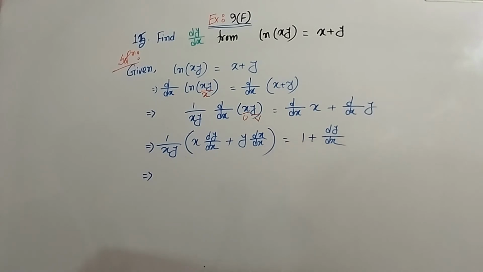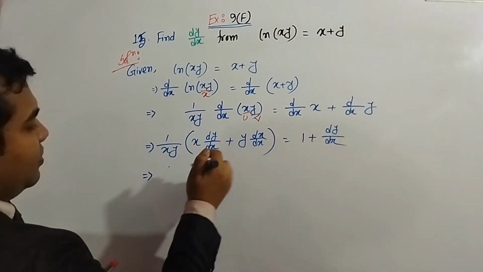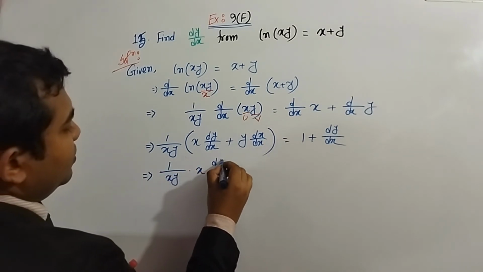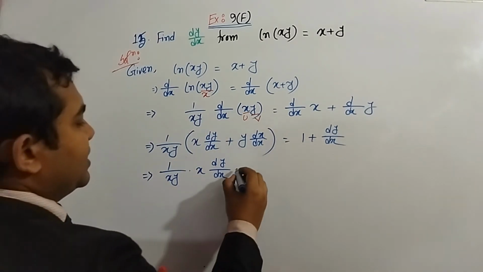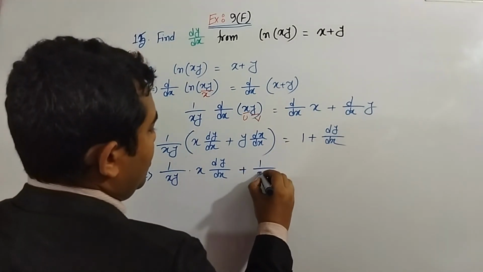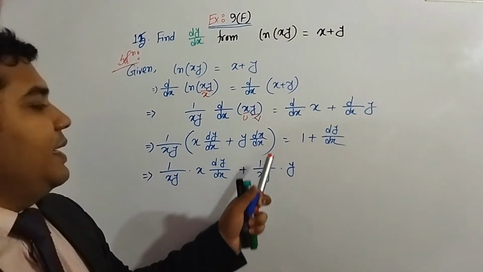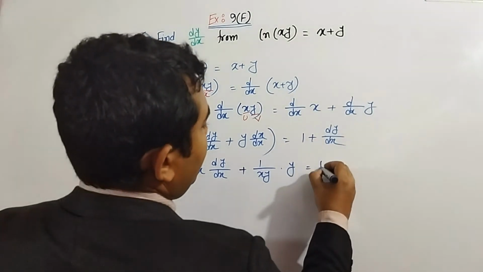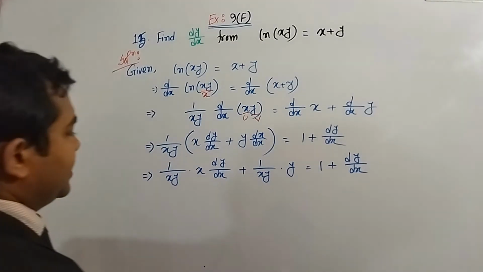Then here we can write that 1 by xy into x into dy by dx plus 1 by xy into y, because dx by dx is nothing but 1, equal to 1 plus dy by dx.